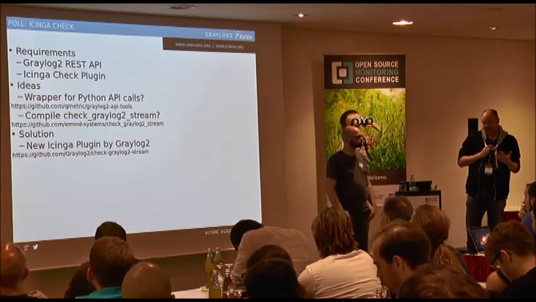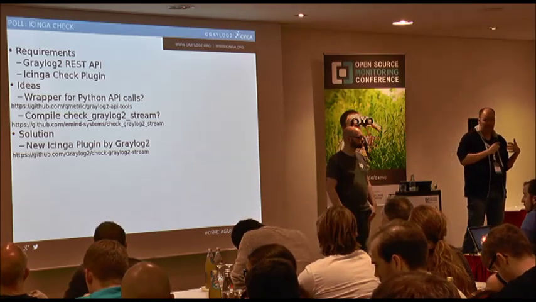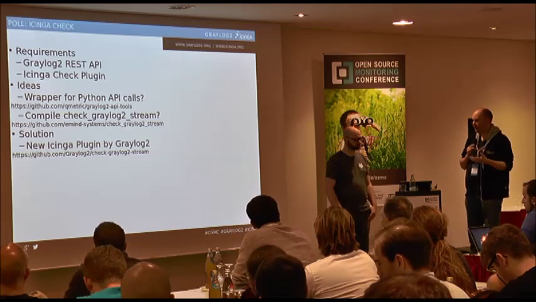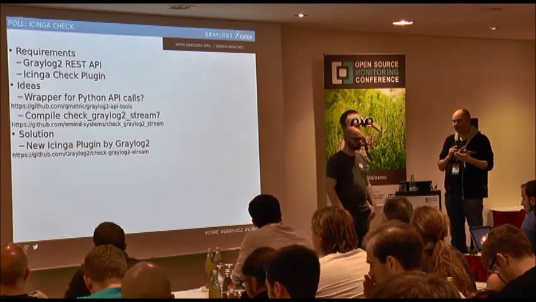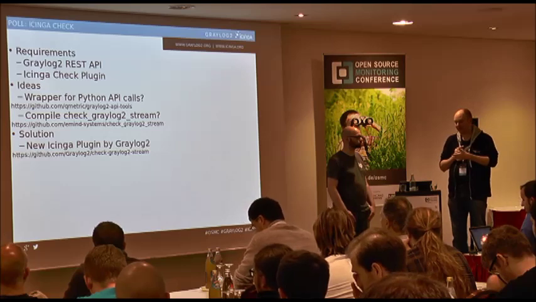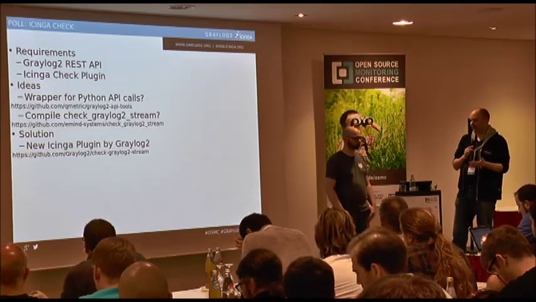That was mainly the other way around, which means you have the REST API, you have the alert streams, you get some data out of it. You have JSON, if you ask it for the stream, and it tells you there is an alert or there's nothing. Nothing means it's green, it's okay. And you need an Icinga check plugin or a Nagios check plugin for that.